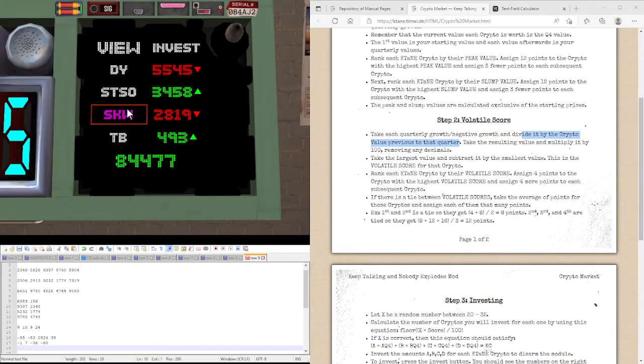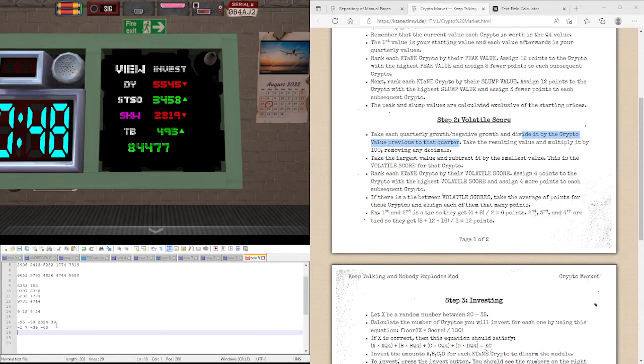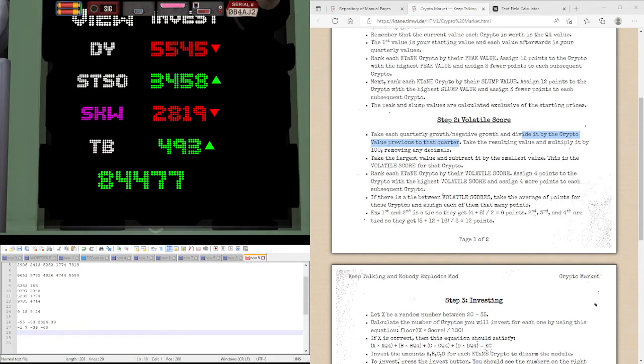You can see how much work this module is now. There's probably ways you could optimize it, but I don't know those yet. Negative 5545 over 7319 times 100 is negative 75. 3458 over 41774 times 100 is 194.